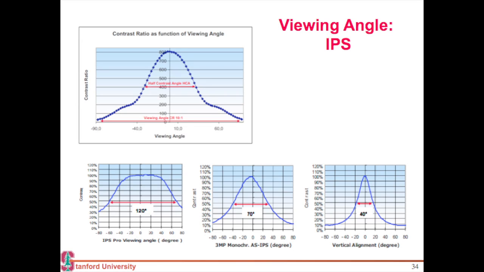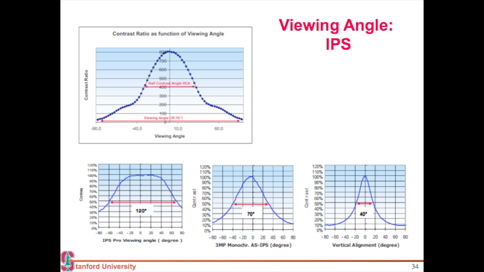This is currently used from the iPhone 4 forward. All smartphone displays use this IPS technology. As I mentioned, your LCD display degrades very fast if you go at an angle.